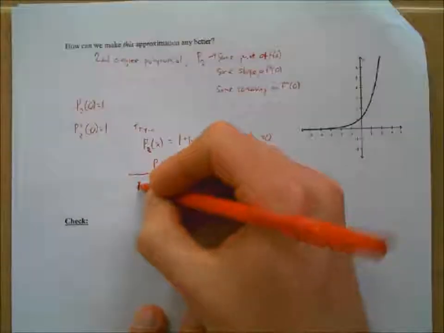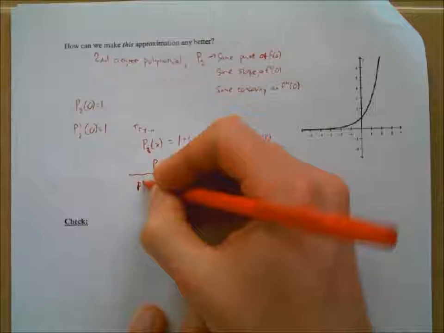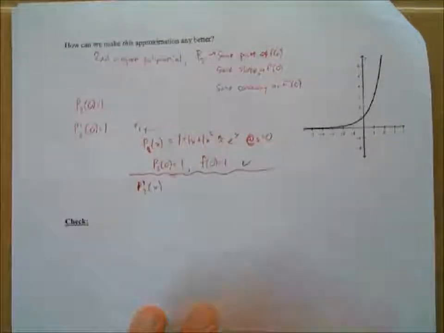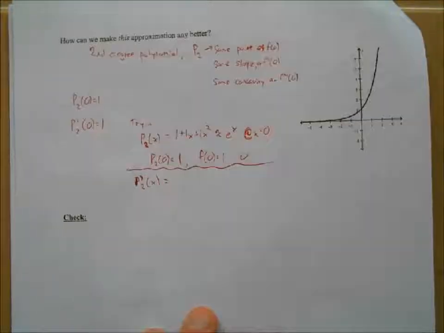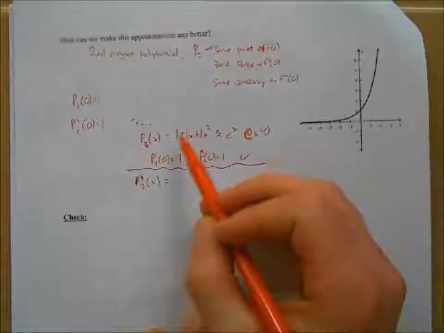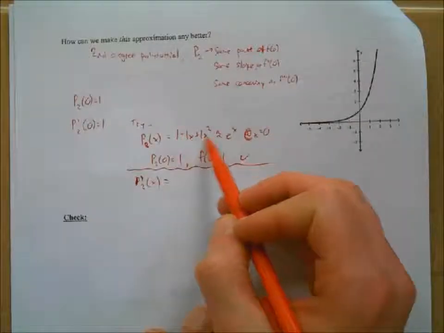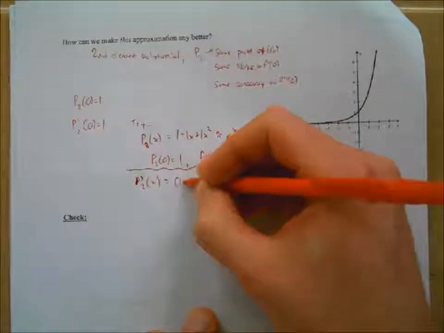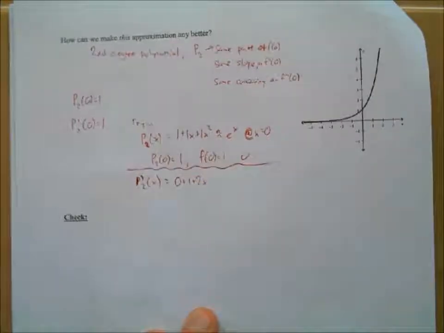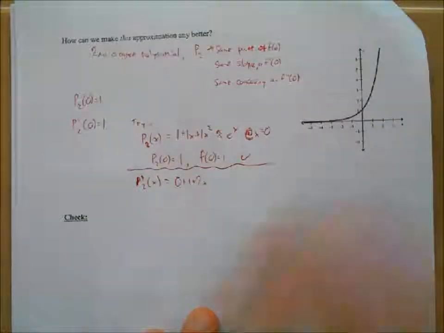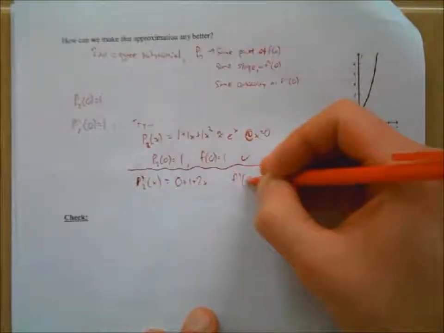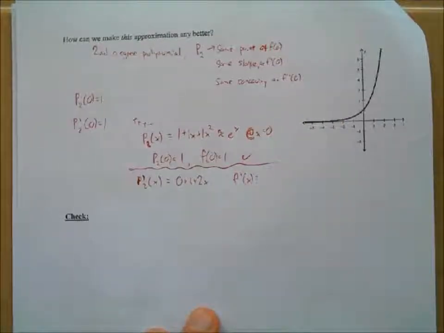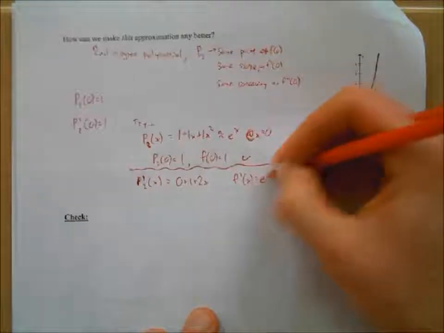Let's try the first derivatives and make sure they match up. P prime sub 2 of x, what's that going to be when we take the derivative? That'll be 0 plus 1 plus 2x. And what's the derivative of our actual function? e to the x again, because the derivative of e to the x is e to the x.